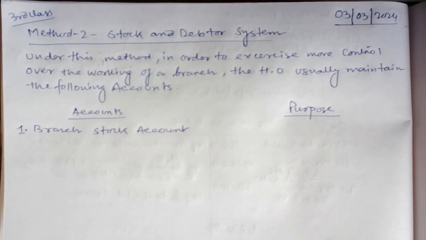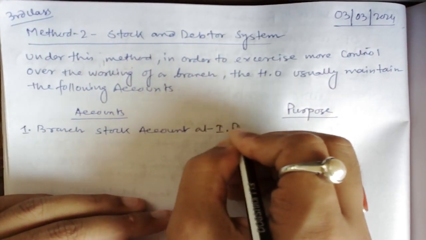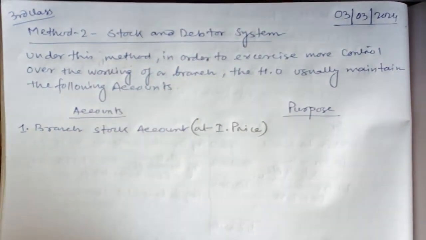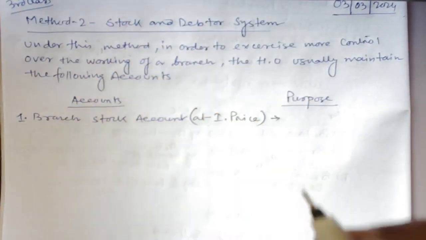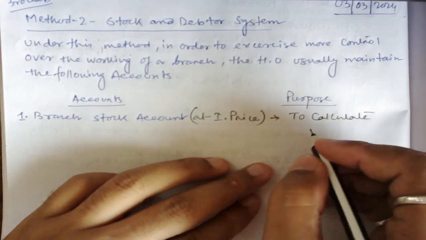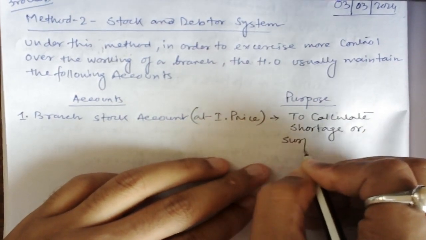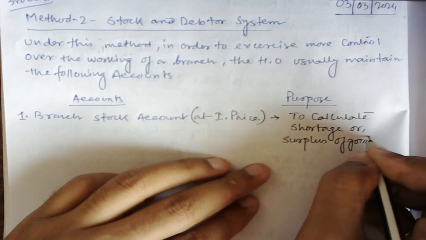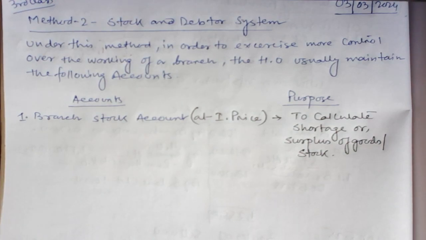So the branch stock account is mainly maintained at invoice price, and the purpose for which it is prepared is very important: to calculate the shortage or surplus of stock. Number 1 is the branch stock account, maintained at invoice price, to calculate the shortage or surplus of stock. That is the first thing. Number 2.